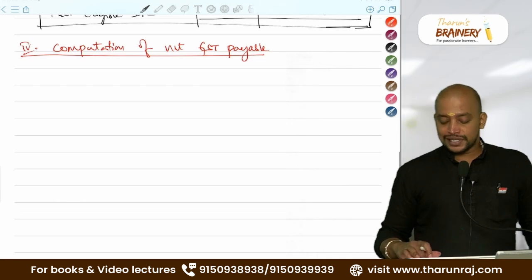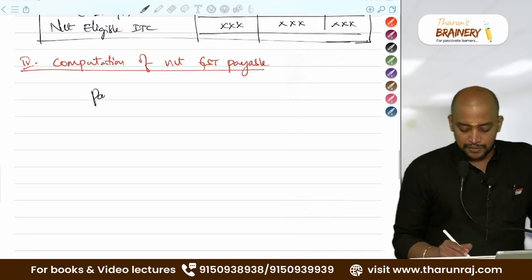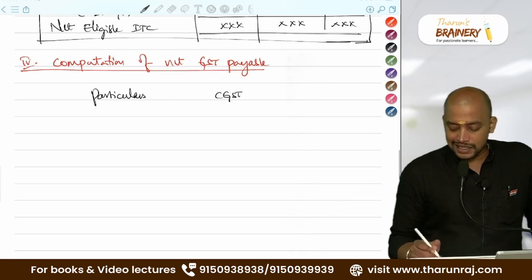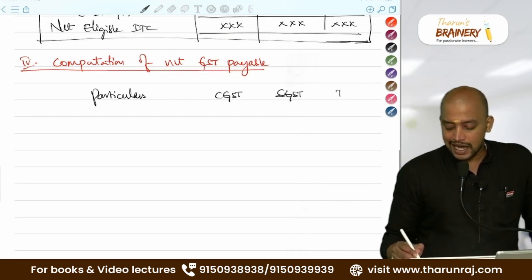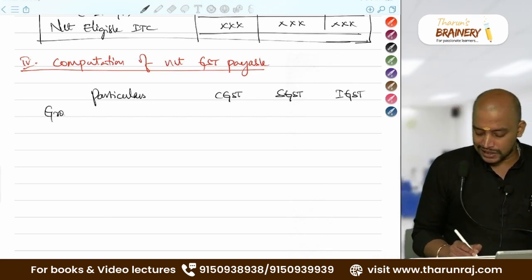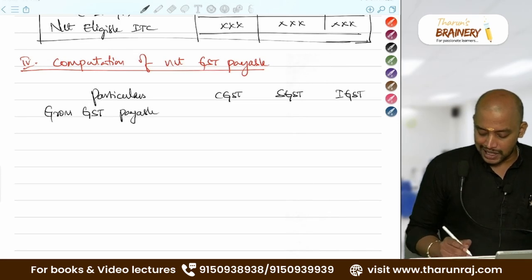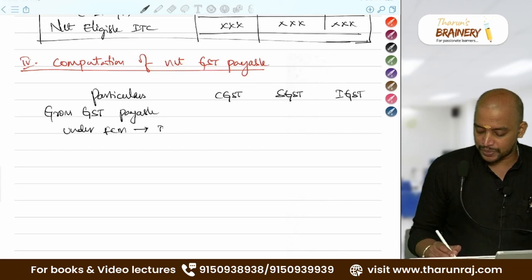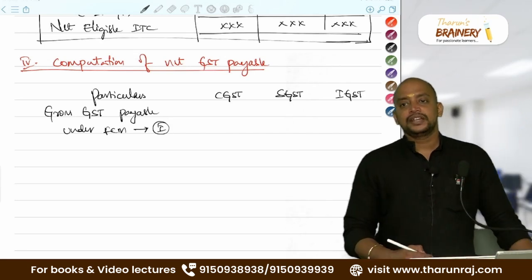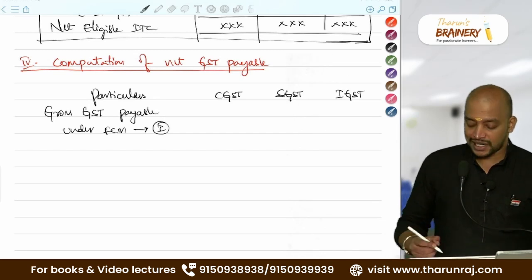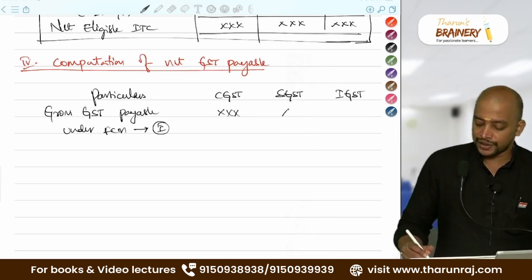So what we need to do is the same particulars: CGST, SGST, IGST. First we need to take the gross GST payable under FCM. This is actually as per statement 1. In the first statement, you have computed the gross GST payable under FCM. That should be brought down here.